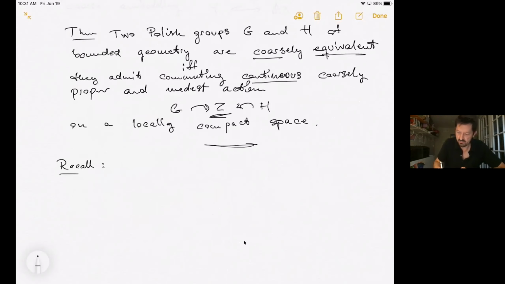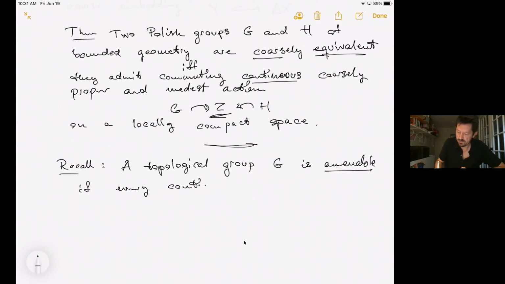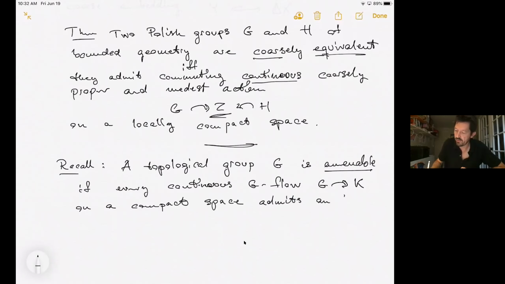Recall the following. A topological group G is amenable if every continuous G flow, so a continuous action of G on a compact space K, admits an invariant Borel probability measure.